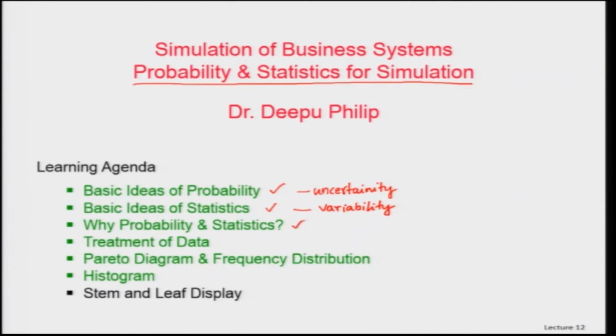And we talked about why probability and statistics from an engineering standpoint, why it is needed, and what engineers do in this regard. We talked about the treatment of data, how many ways you can treat the data, what the specific tools are, and why data needs to be treated.